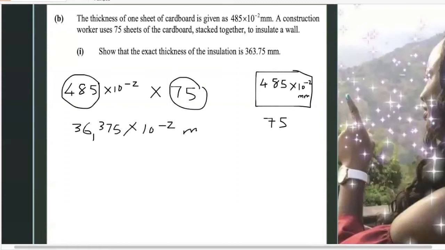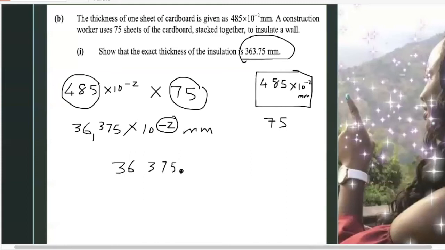So this is a thickness, but it's a proof. When we have a proof, we have to show, meaning we need this exact value. So to get this exact value, now when we have negative exponential, what are we going to do? I have my 36,375 and the minus 2.